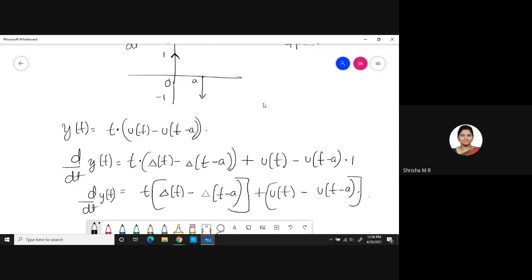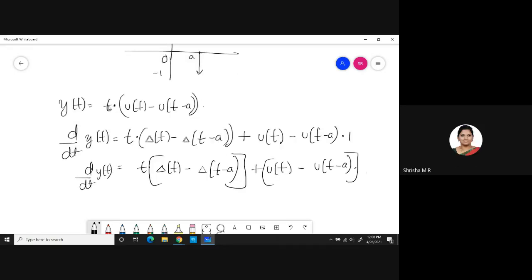Are you guys following? Ma'am, can you repeat it? You have y of t, which in the given question is t into u of t minus u of t minus a. These are two functions. So I have d by dt of x into y: I'll keep x and differentiate y, plus I'll keep y constant and differentiate x.